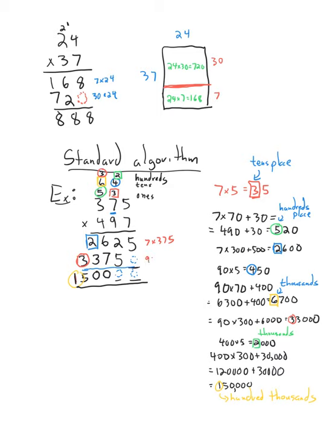This number was 90 times 375, not 9 times 375, because we move over a place value. This is 33,750. That's 90 times 375. And the final number here is 150,000, which we got from 400 times 375.